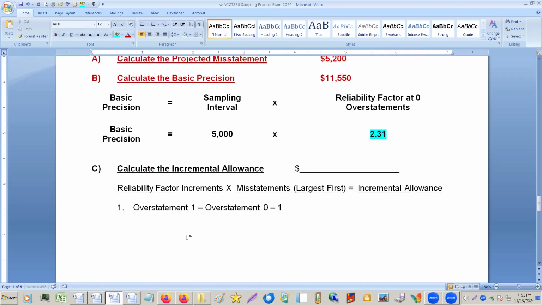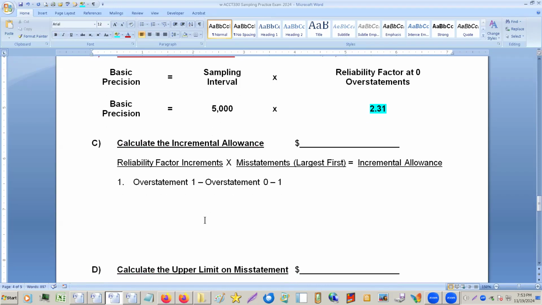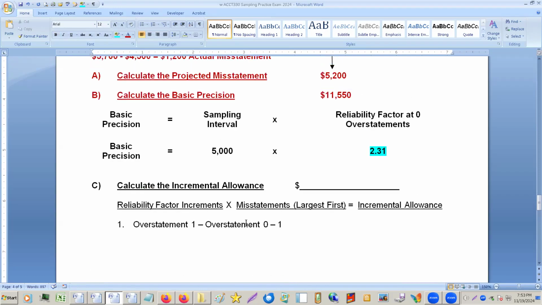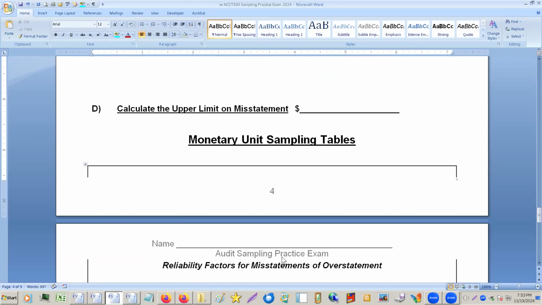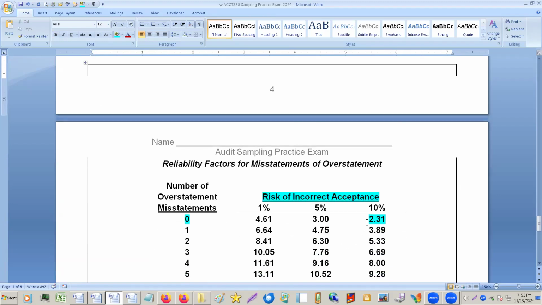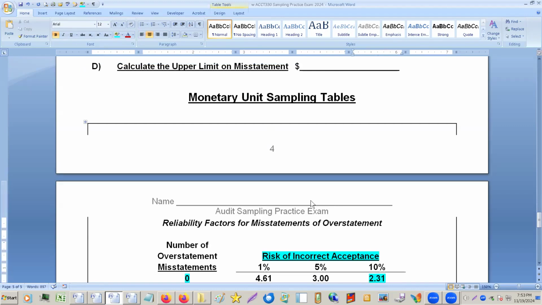We go to our table. Overstatement 1 minus overstatement 0 will give us our incremental factor. Okay, so we're here. 3.89 minus 2.31.